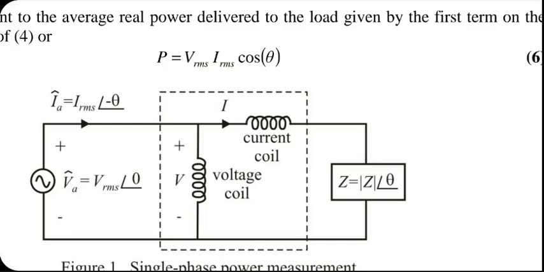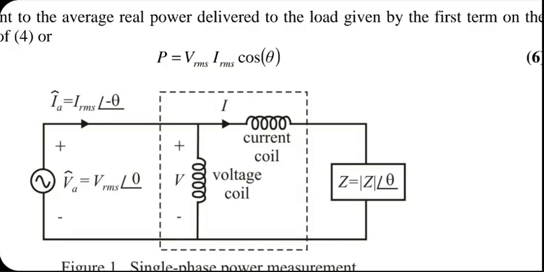You could possibly convert the same setup for a VAR meter also. Only thing is, in designing it, you will be using the formula V RMS I RMS sin phi, because that is the value of Q. If you remember the complex power formulas, P was given by V RMS I RMS cos phi. I'm talking single phase.